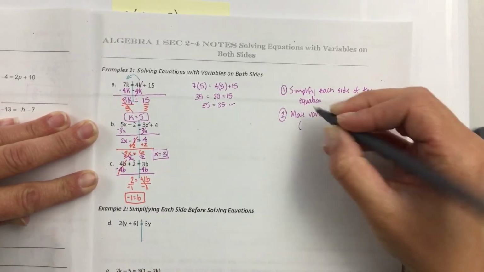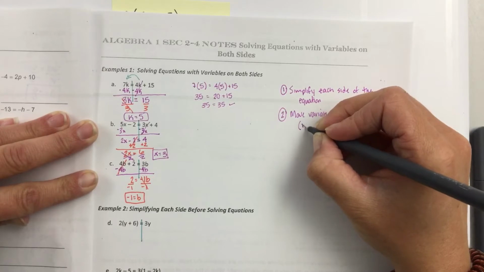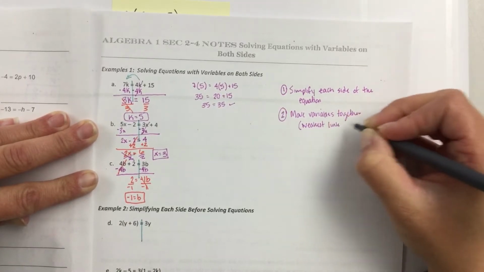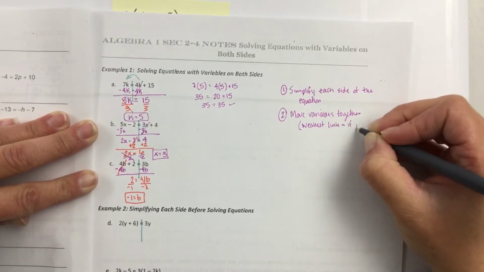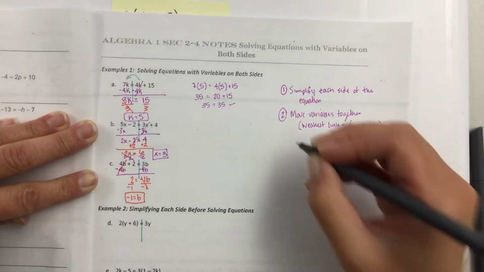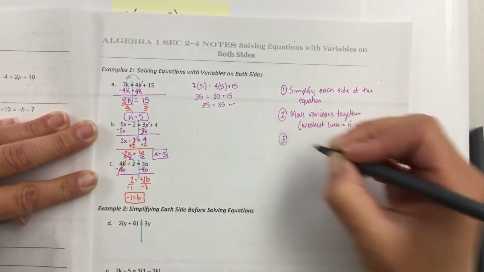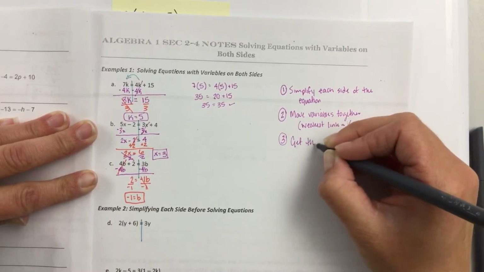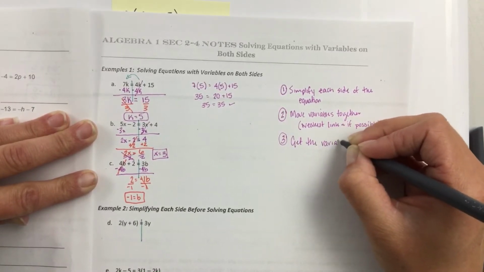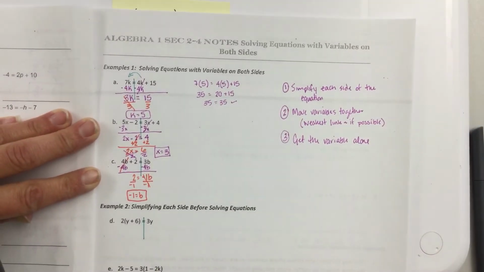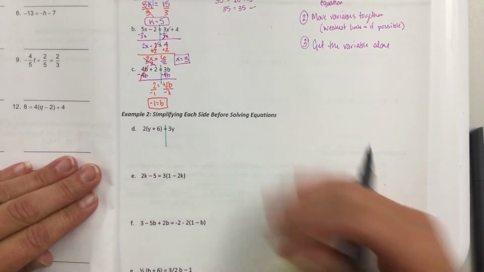And I'm going to say weakest link if possible. Okay, and then the third step is to get the variable alone. Okay, so these steps still work with these problems.